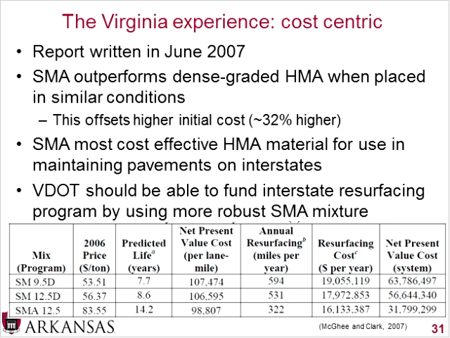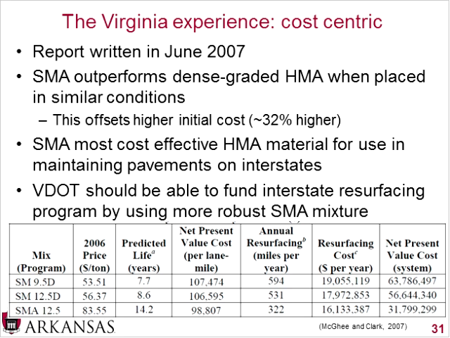They found that the SMA cost about 32% higher. They found that SMA was the most cost-effective HMA material for use in maintaining pavements on interstates. And they recommended that VDOT, the Virginia DOT, could fund their interstate resurfacing program by using SMA because it's more robust.